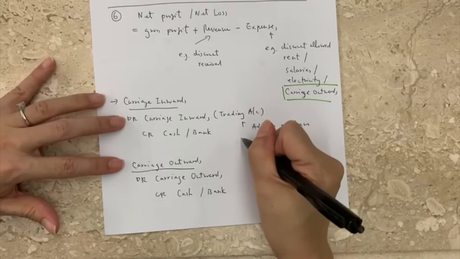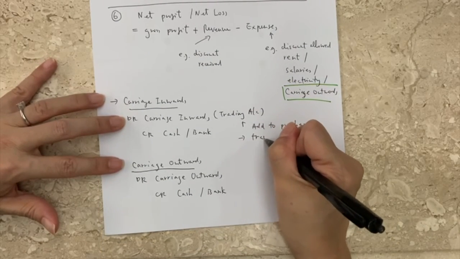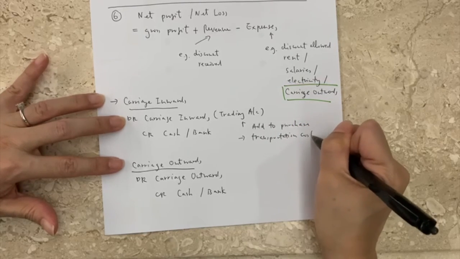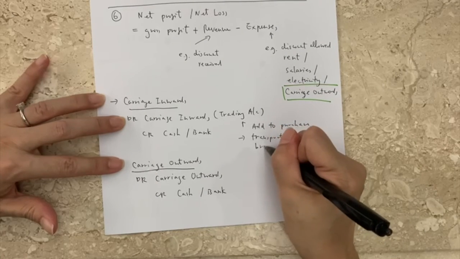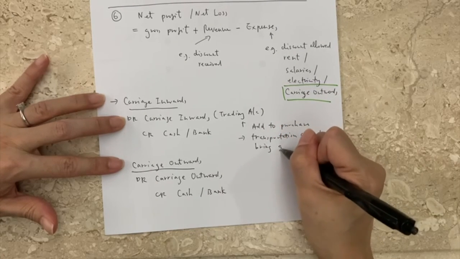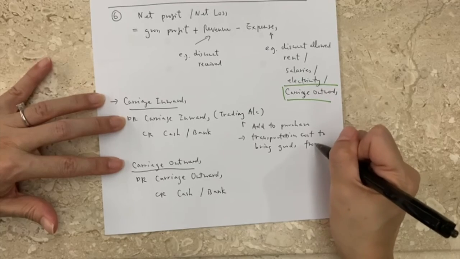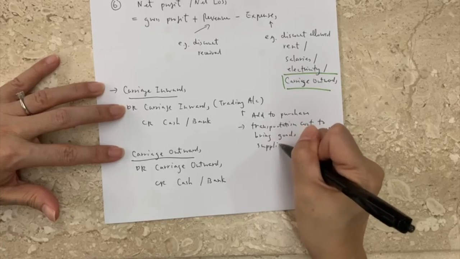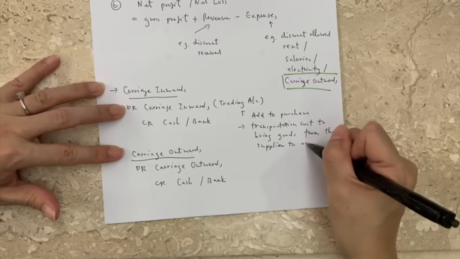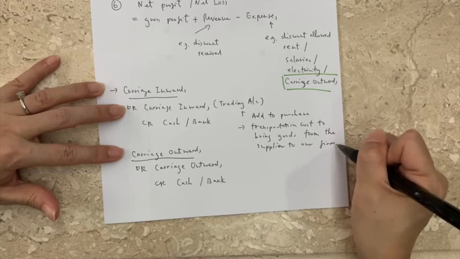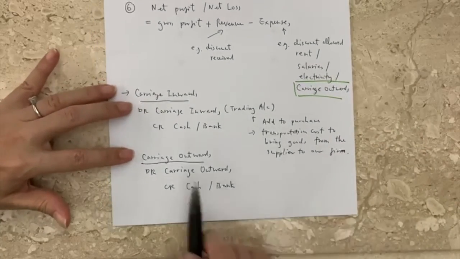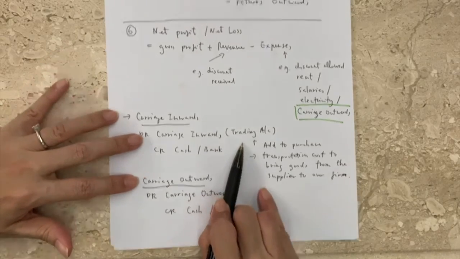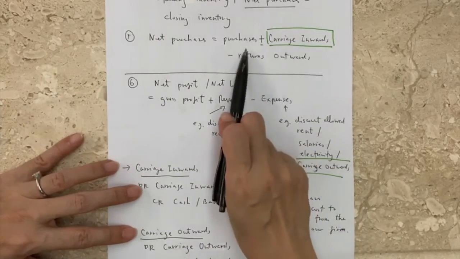And the meaning of carriage inwards is a kind of transportation cost to bring goods from the supplier to our firm. Okay, so this is debit carriage inwards, and then we put this in the trading account and we add carriage inwards to purchases.